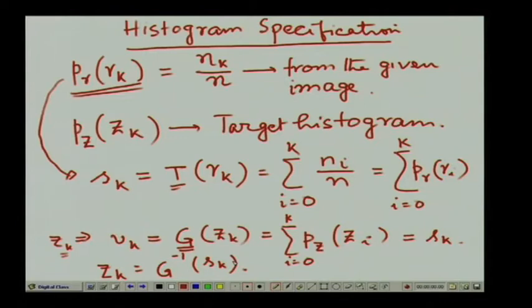Now, so far we have discussed that finding out T(r_k) is very simple, that is, this forward process is very simple, but the difficulty comes for getting the inverse transformation, that is G inverse. It may not always be possible to get analytical expressions for T and G, and similarly it may not always be possible to get an analytical expression for G inverse.